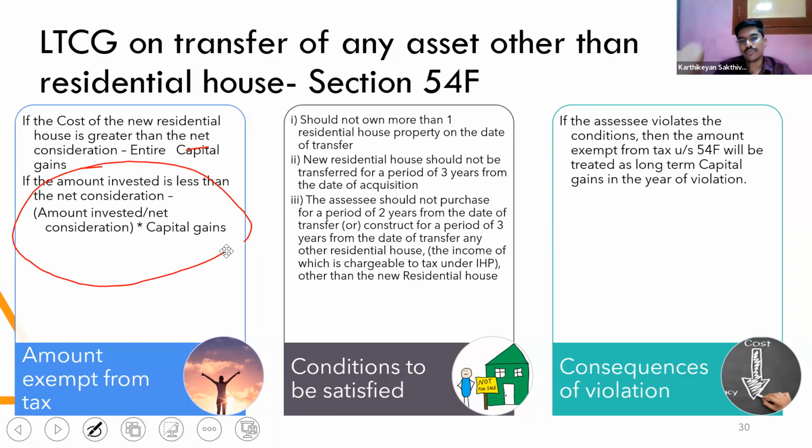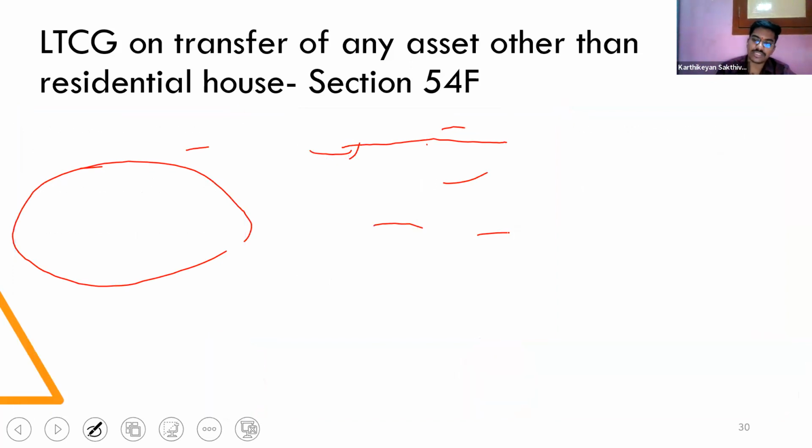Here, a few more conditions are to be satisfied. First one is you should not own more than one residential house property on the date of transfer, right? Second one is the new house property should not be sold within a period of 3 years. Third point is the assessee should not purchase for a period of 2 years or construct for a period of 3 years any residential house property other than the house property for which exemption is claimed.